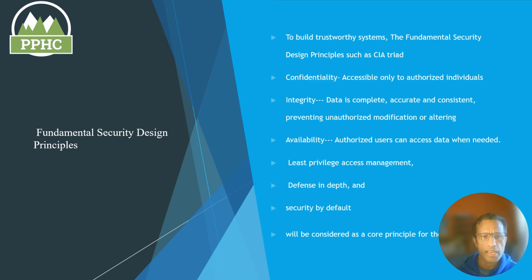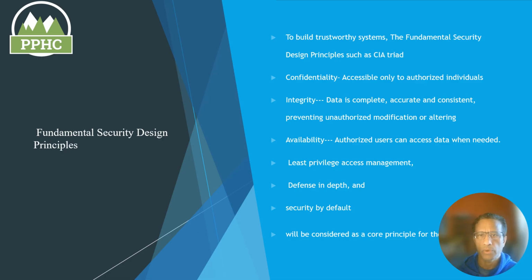Fundamental security design principles. To build trustworthy systems, we use the fundamental security design principles such as the CIA triad. CIA stands for confidentiality, integrity, availability. We're going to implement all these principles.